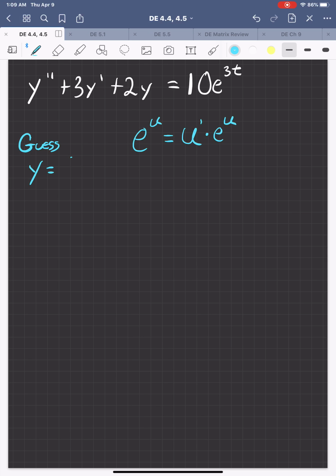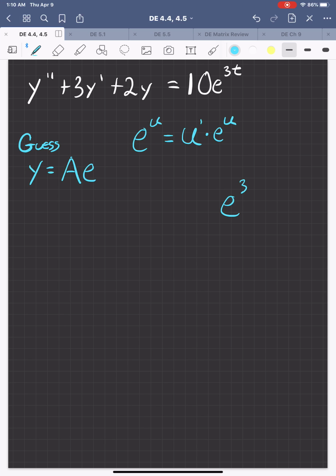So in that case, if we let y equal, well, how about a e? Now, we don't want to use another.